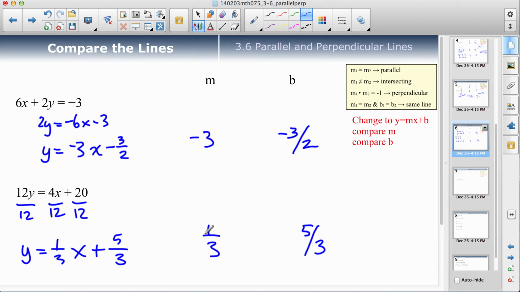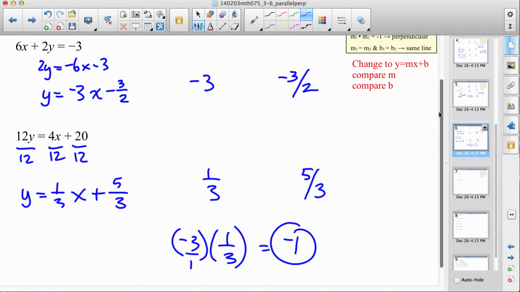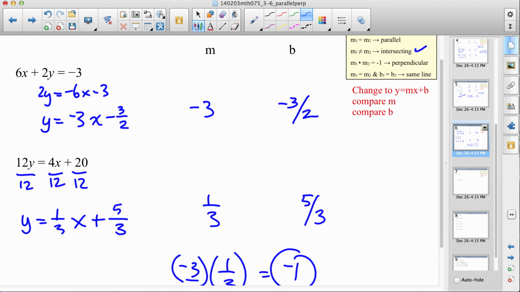Different slope, therefore for sure they're intersecting. And the last thing to check is, are they perpendicular? So negative 3 times 1 over 3. I could put a 1 here. This is going to be equal to negative 1. So they are intersecting, but they're also perpendicular lines.